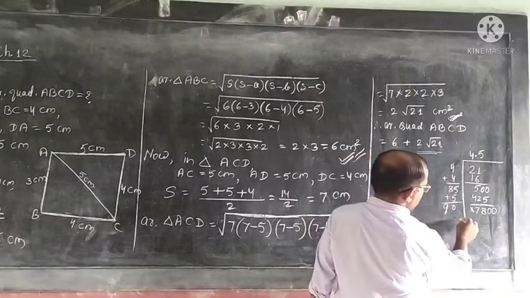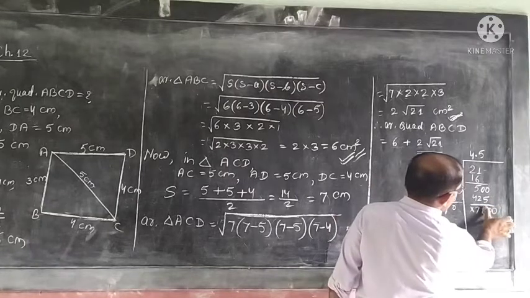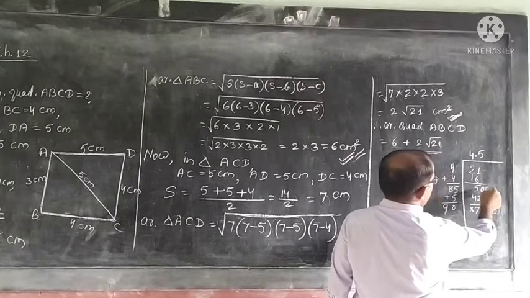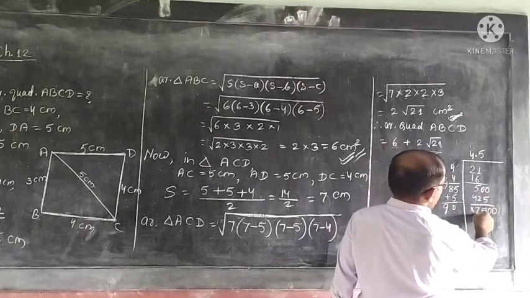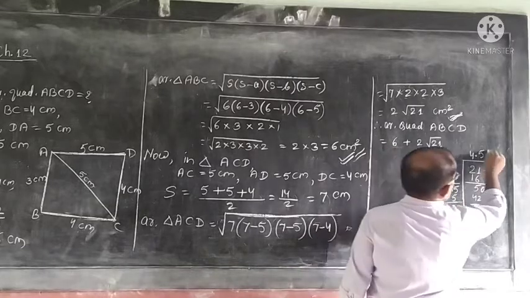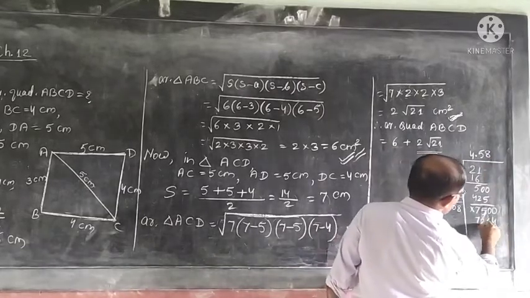Then 10 minus 5 5, then 9 minus 2 7, and then we will divide it by 8 times, 8 8s are 64, 9 8s are 72.